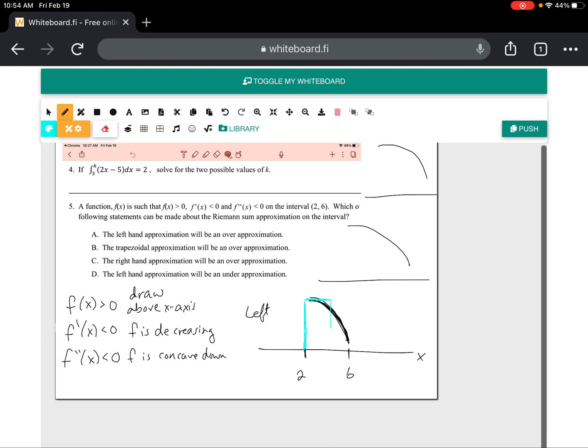Then you draw to the right, and then you draw down. I'm just going to make 2 rectangles because that's not very many rectangles to draw. Then from the left again, and I move down. So on both of those rectangles, the top left corner is touching f of x.